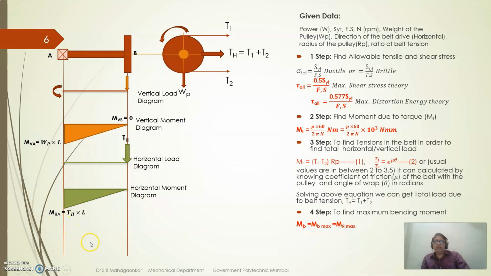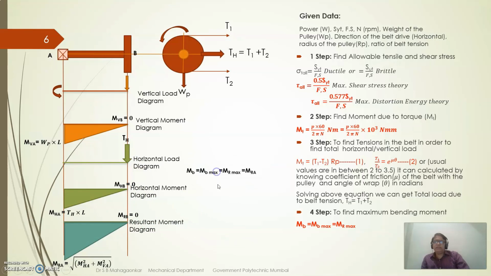So now the last one is the resultant moment diagram. The resultant moment diagram I can get by taking the square root of the sum of the squares of the components. Okay, MR at A is nothing but the square root of MHA square plus MVA square. MRB is equal to 0 because these two components are 0. So like this I can find the maximum. So this is nothing but MB.